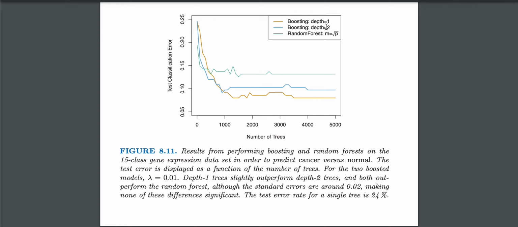Boosting with depth 1, which means a single split, or depth 2, which means 3 splits, is not very different. Actually, one split is better. I don't know if you can make a general statement about that because these two are close, and depending on the data set, one of them might be better than the other.